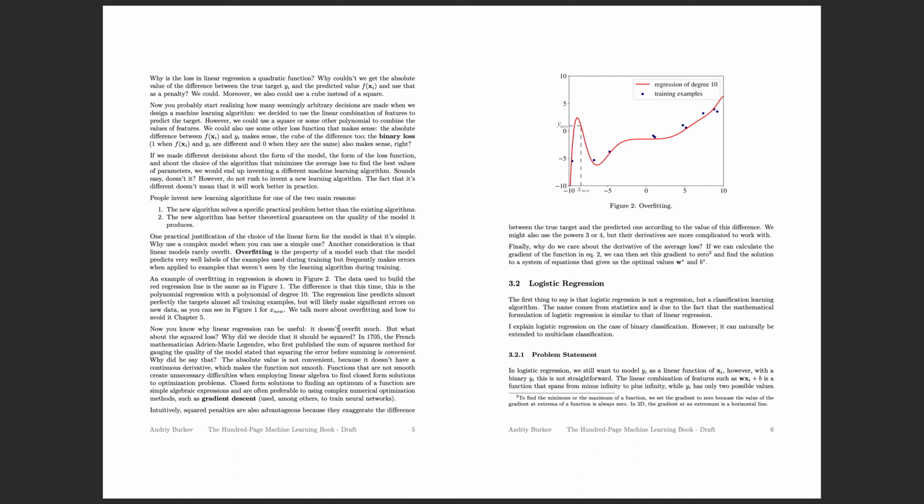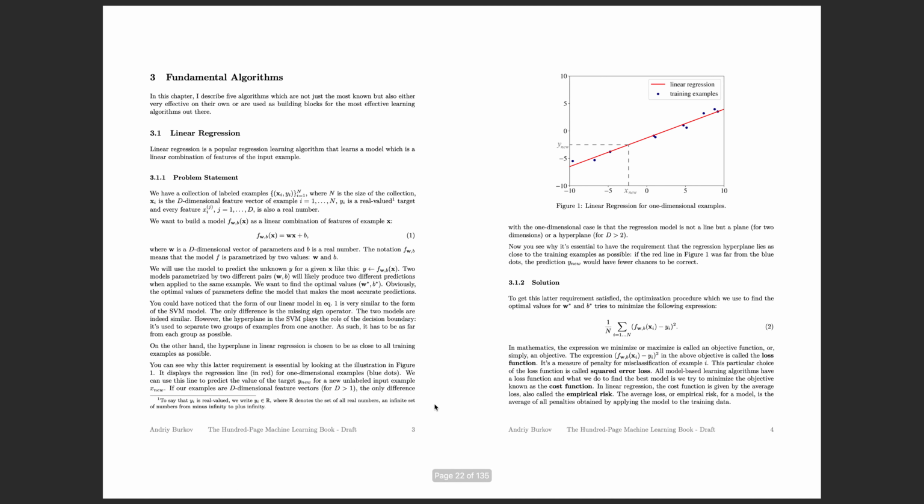But the problem is that this is a function that will go from minus infinity to plus infinity, right? If you go back to this line, if you add new values which are 15, 20, 25, this line will just keep going on. It will never stop, right? It will go beyond what is possible.